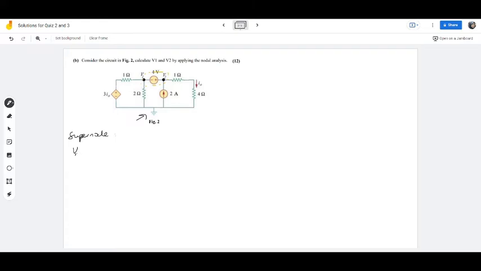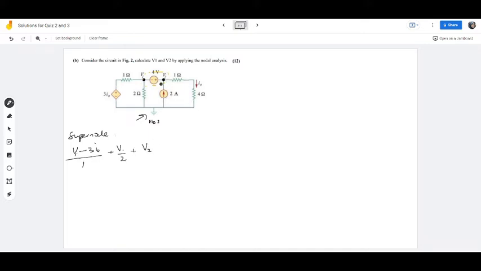So V1 minus, I'm seeing a dependent voltage source of 3I naught over the resistor of 1 ohm. And then current branching out at 2 ohm is V1 over 2. Then straight away jump to this side, for the supernode, and then plus V2.